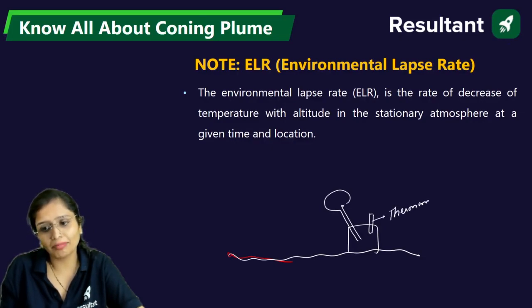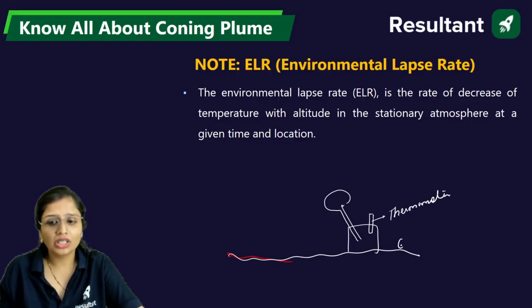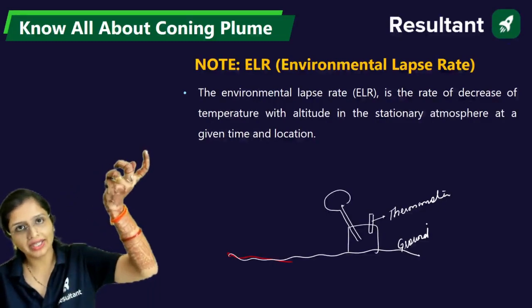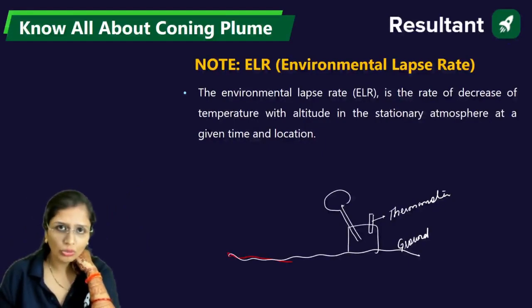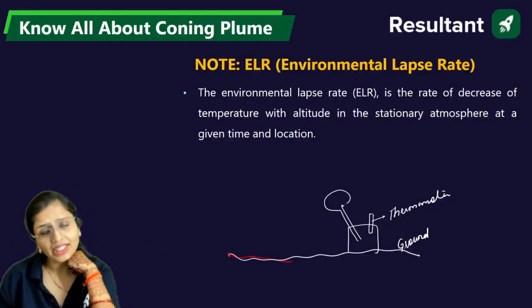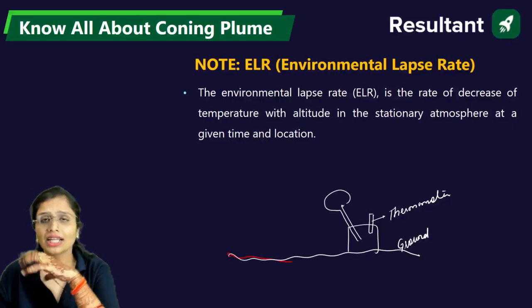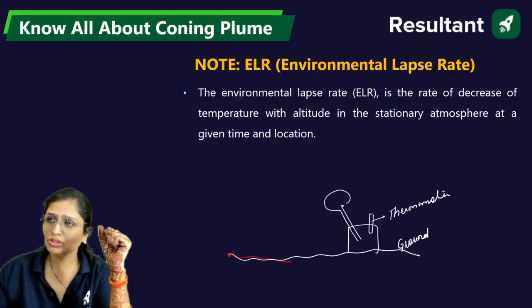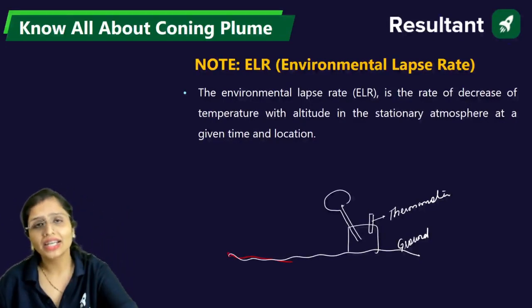A self-recording mechanism is there. So on the ground, you would have measured the temperature, and as the balloon is getting lifted, the thermometer is also going with it. So at various altitudes, at various heights, the temperature is also being monitored. A self-recording mechanism is there. So you will see that with the increase in altitude, the temperature of the surrounding air decreases.